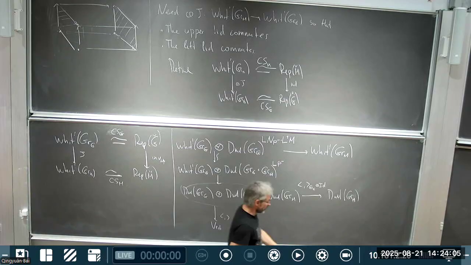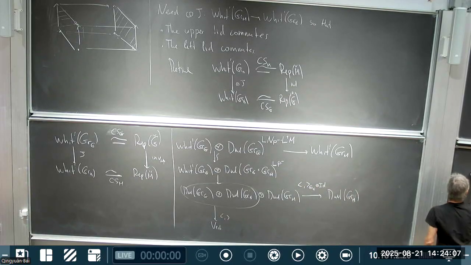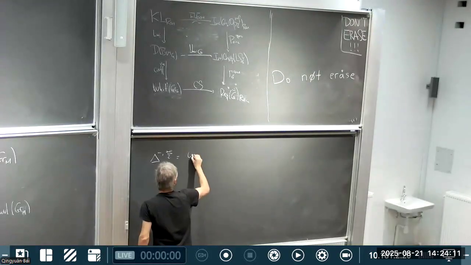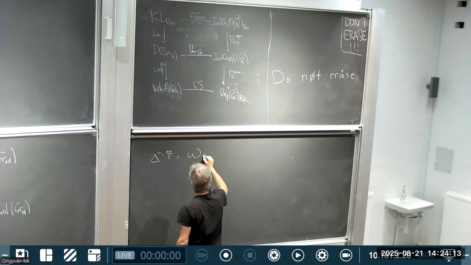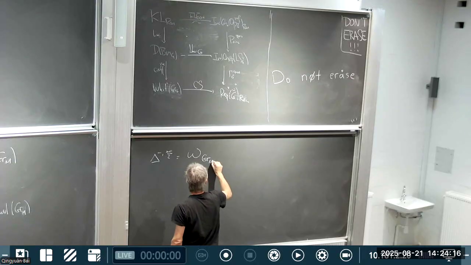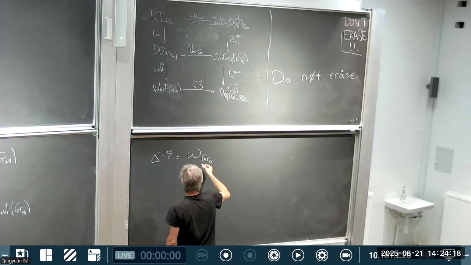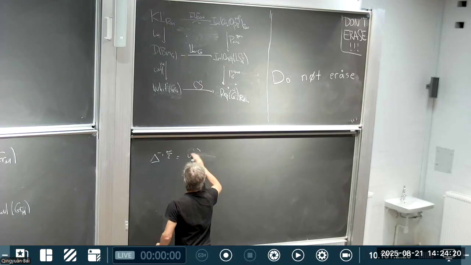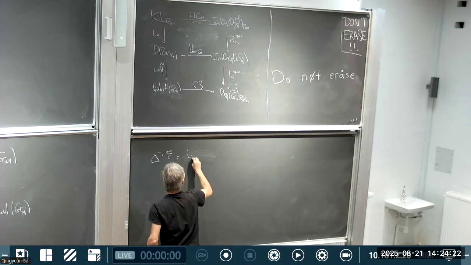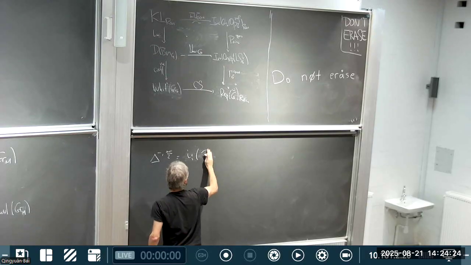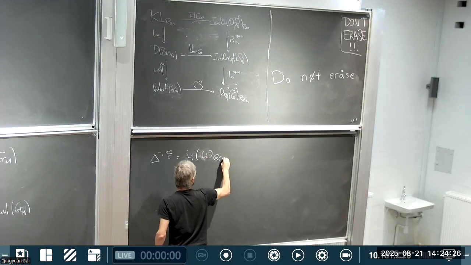And now you use a very particular object, I call it delta minus semi-infinite. It's the dualizing sheaf on Gr_M, it's the i lower shriek of the dualizing sheaf on Gr.